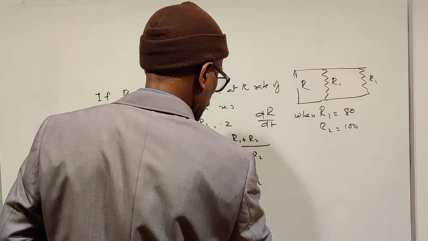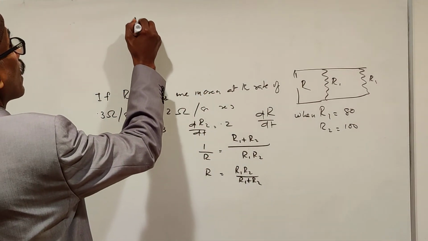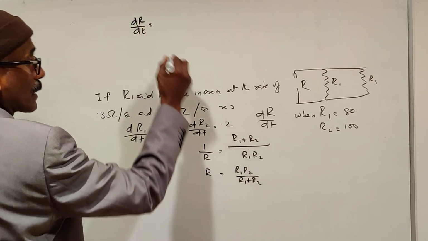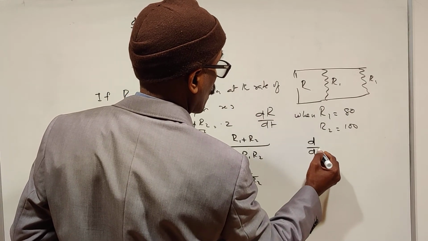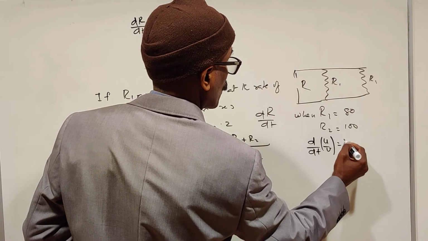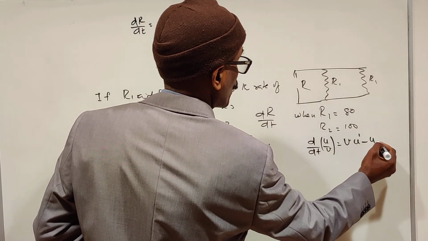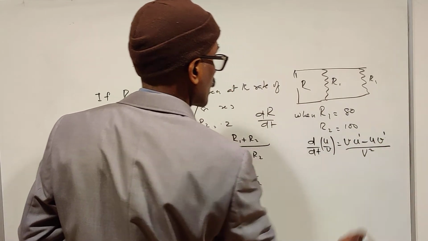See, dR by dt equals, I am going to use the quotient rule, d by dt of u by v. That is v into derivative of u minus u into derivative of v by v square. That is the formula.